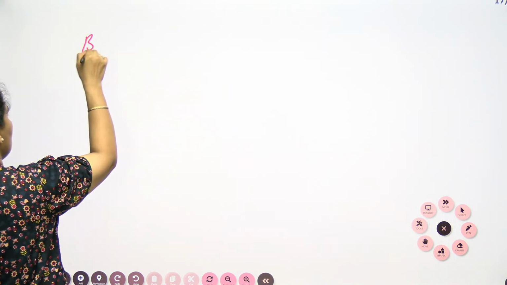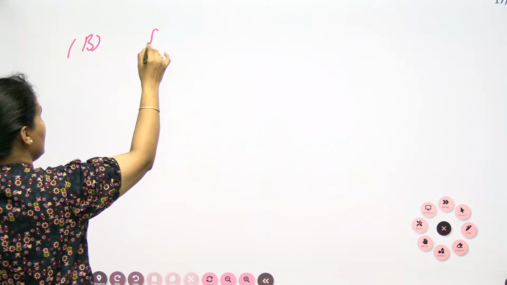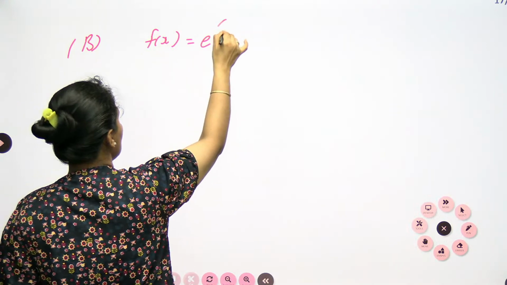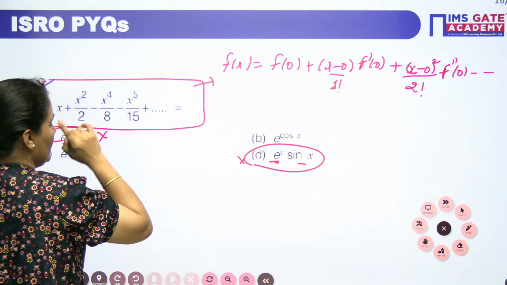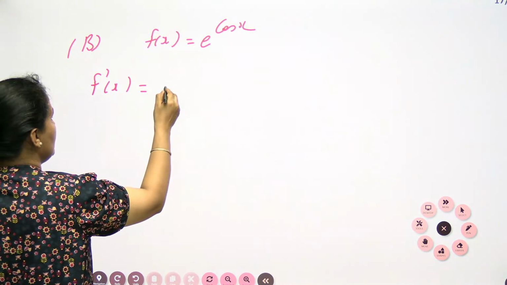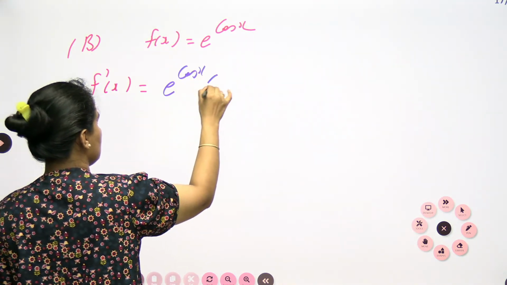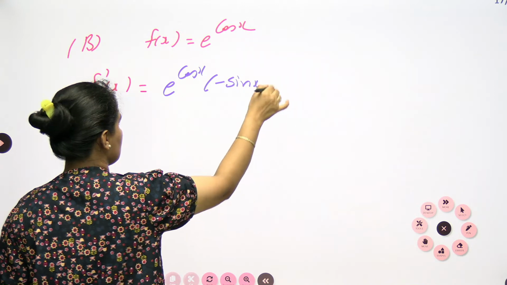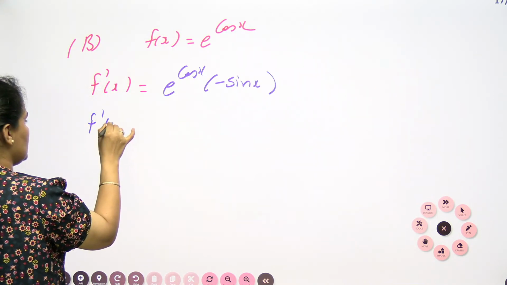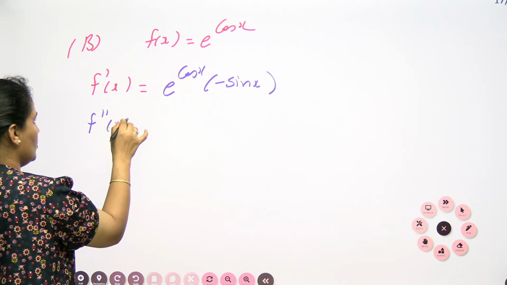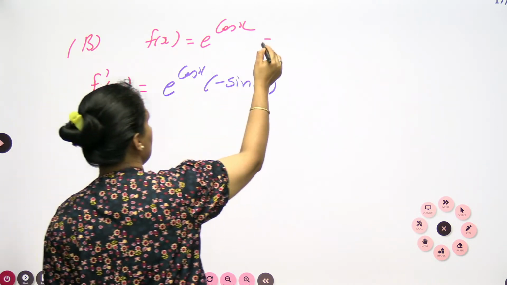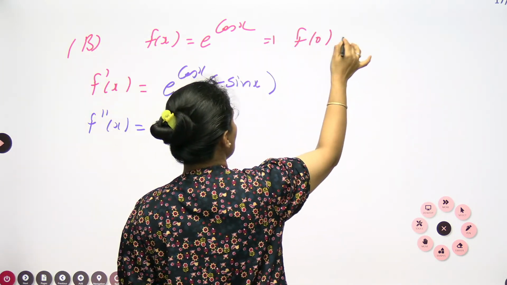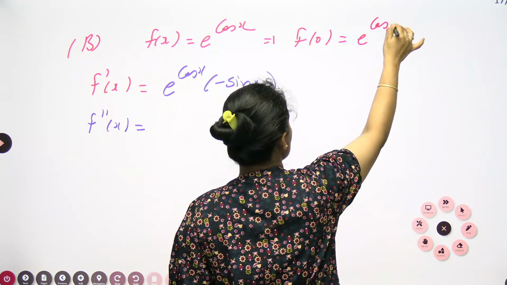So let us try option B. We can take the function as e to the power cos x. f'(x) will be e to the power cos x times minus sin x. Two more derivatives we will find. We can also try directly, f(0) is e to the power cos 0.